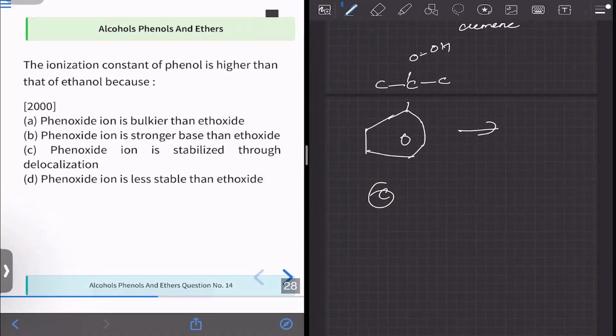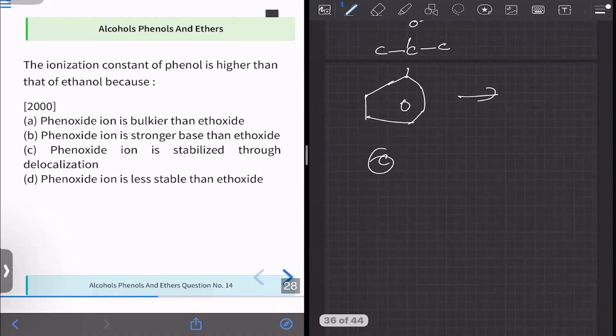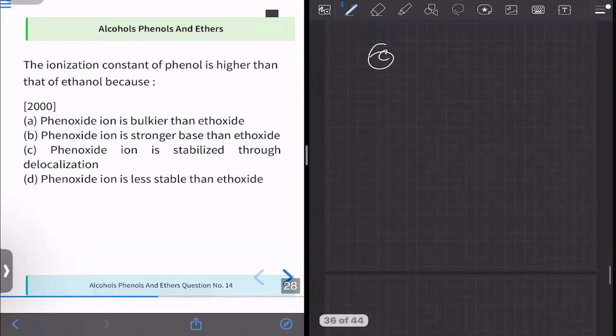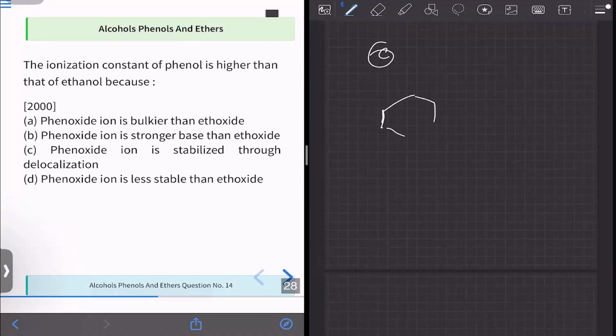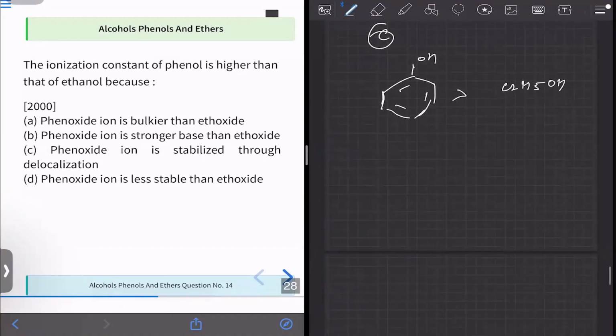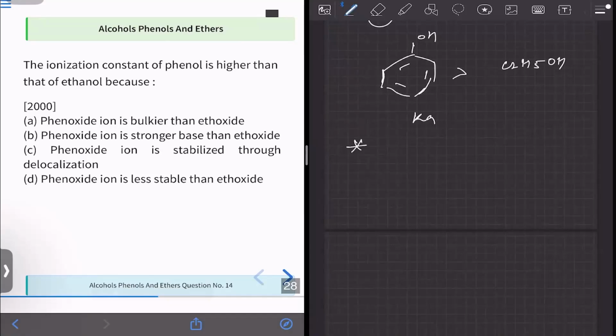Next one. The ionization constant of phenol is higher than that of ethanol, because see, phenol, what is the structure of phenol? It is OH, and ethanol, C2H5OH. They are asking why it has high ionization constant. What is meant by ionization constant?